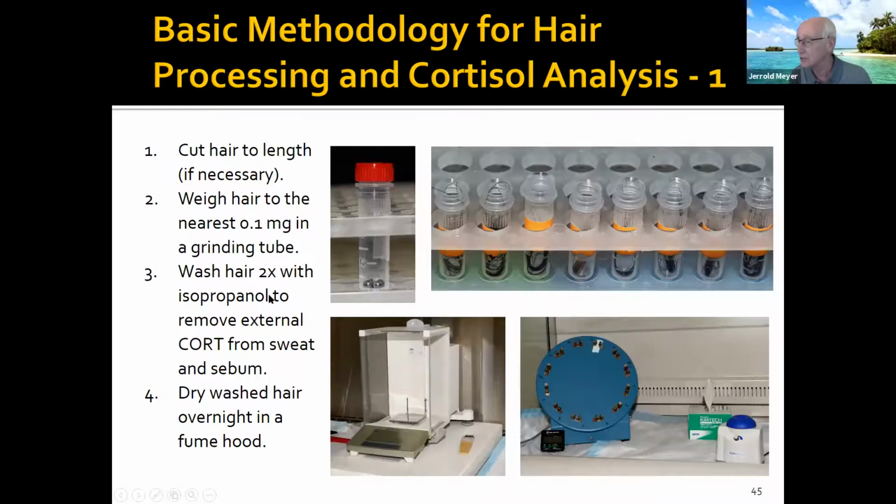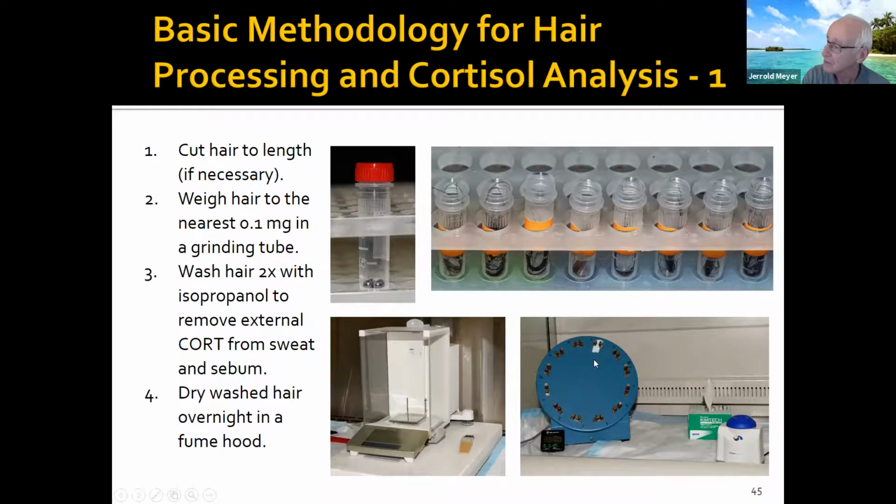The idea is, since there's good reason to believe that the outside of the hair is coated with cortisol that has come from sweat or sebum, probably mostly from sweat, we want to remove that cortisol while removing as little as possible of the cortisol that was in the interior of the hair shaft. So we found in our initial studies that 2 washes, each wash 3 minutes long, with isopropanol seems to do the trick for that.